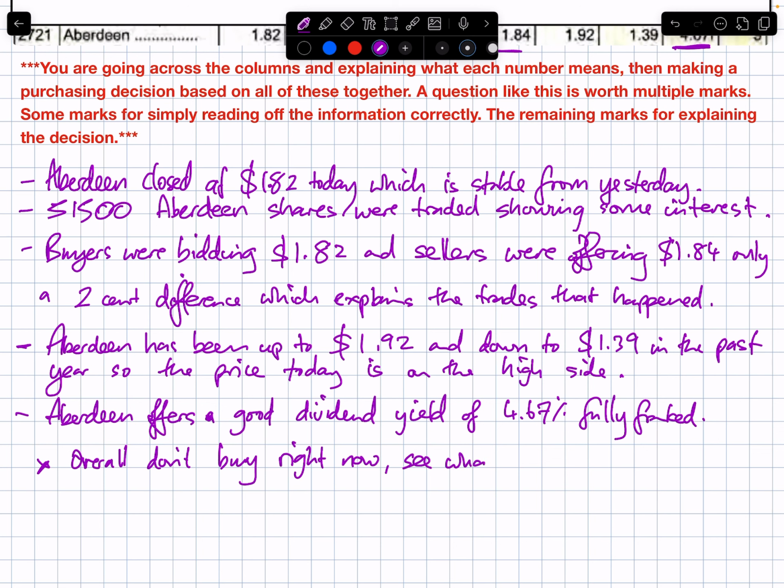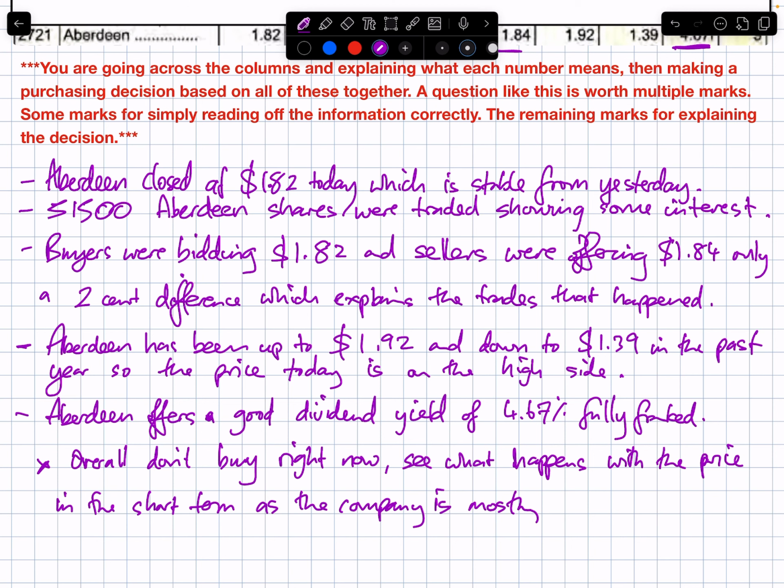See what happens with the price in the short term, as the company is mostly a good buy. There's a lot of positives, but it is expensive today. So that might change tomorrow. There might be a move tomorrow.